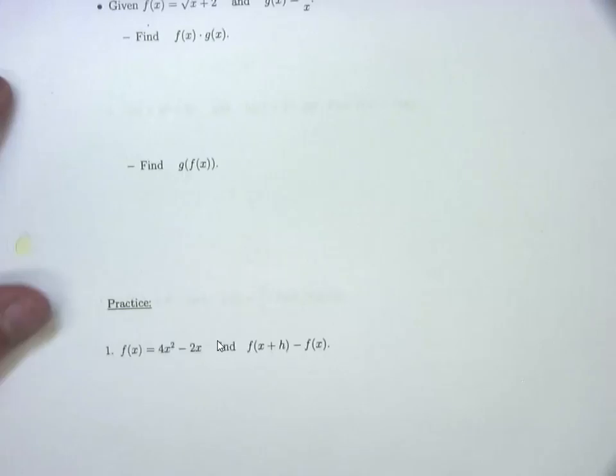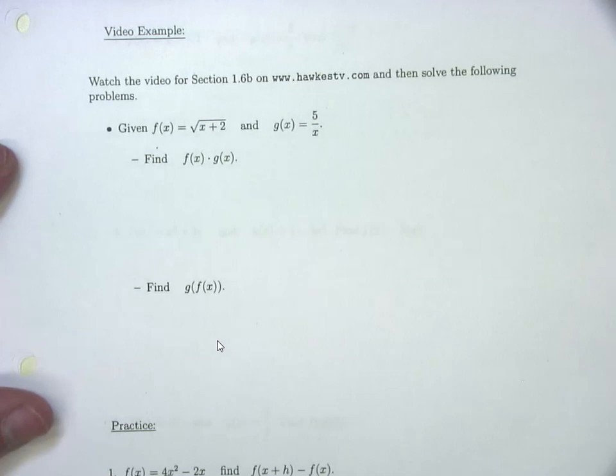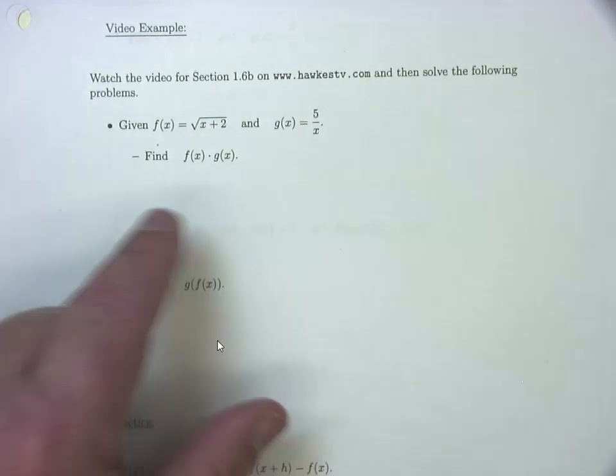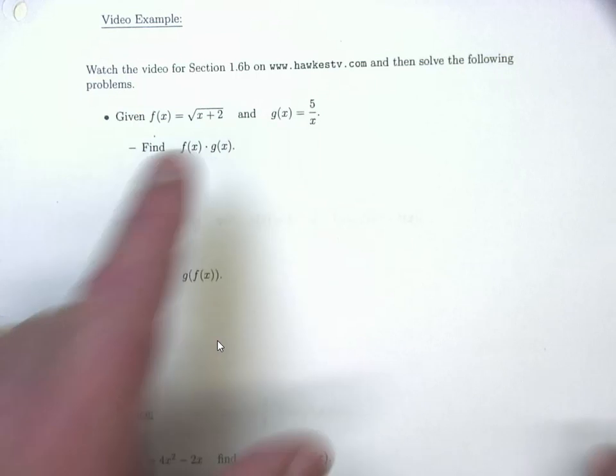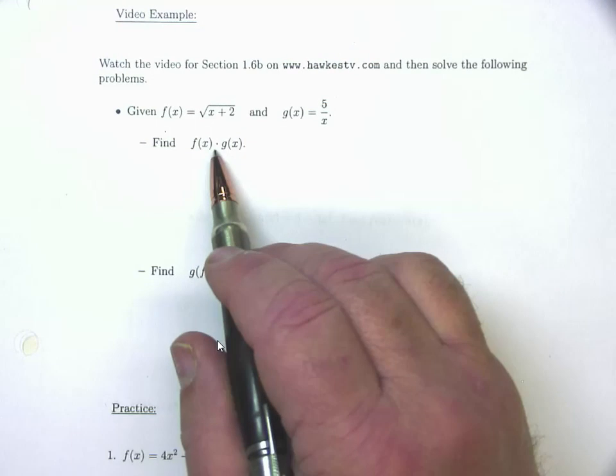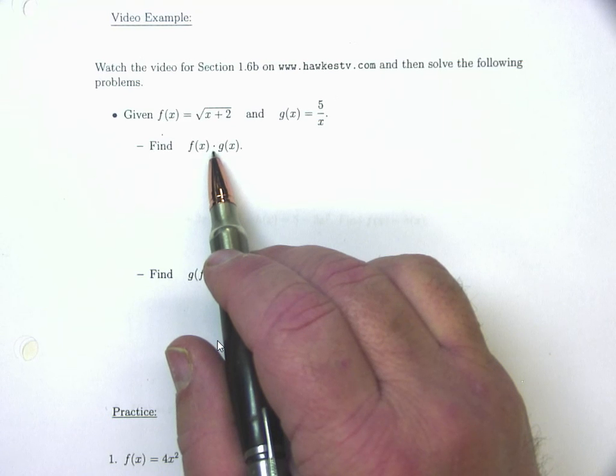So this idea of composition. And just because of the video thing that I want to do very quickly before you guys leave, what symbol is that right there? In this problem I've got f of x equals the square root of x plus 2, and g of x equals 5 divided by x. Is that an open circle? No, it's a dot. In algebra, what does a dot stand for?